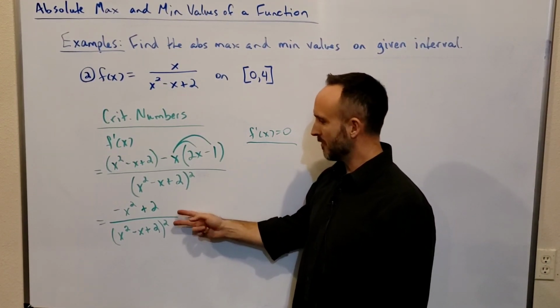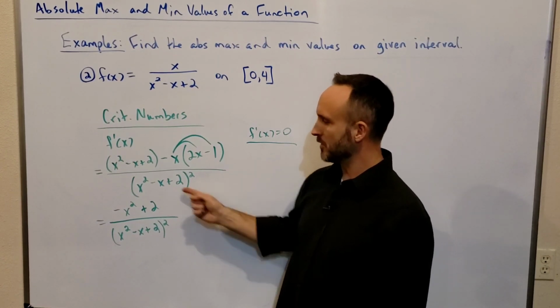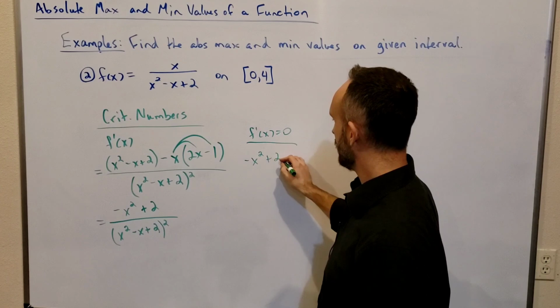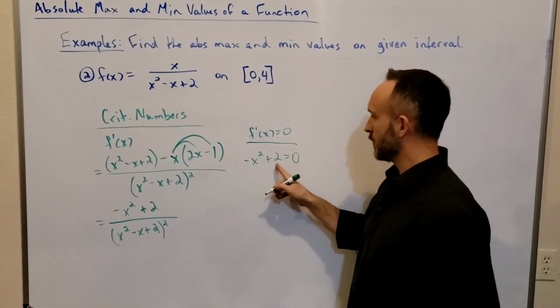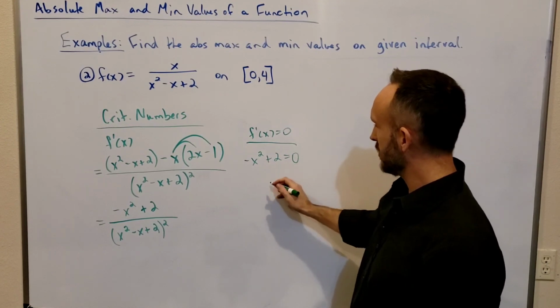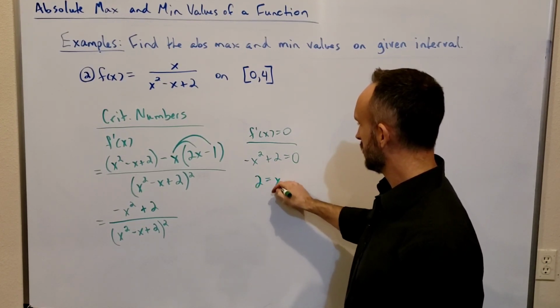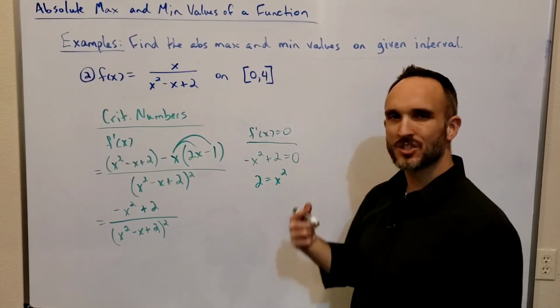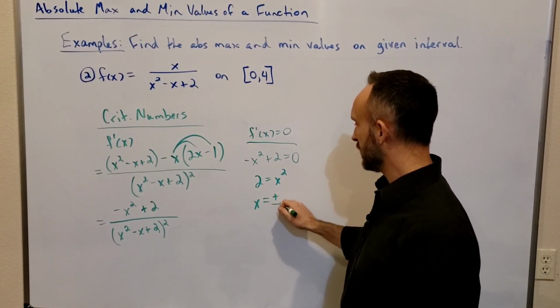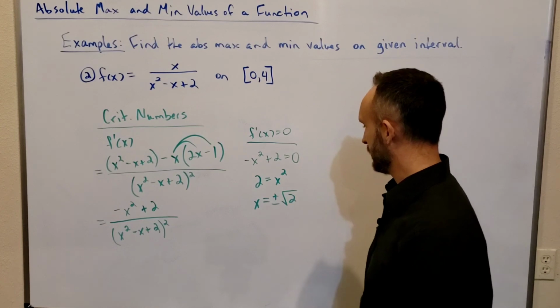So this is my f prime of x. It's a fraction. A fraction only equals 0 if the numerator equals 0. So I have to figure out where negative x squared plus 2 equals 0. So I'll add x squared to both sides. And I'll take the square root of both sides, remembering to consider the plus and minus square root.